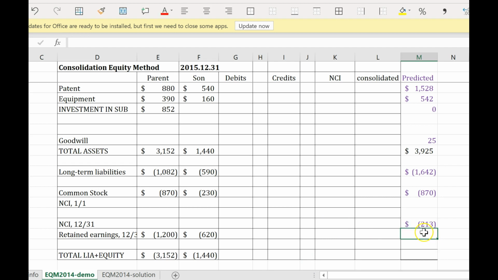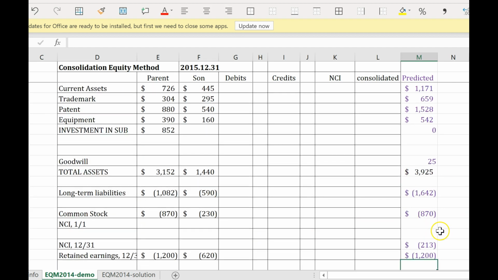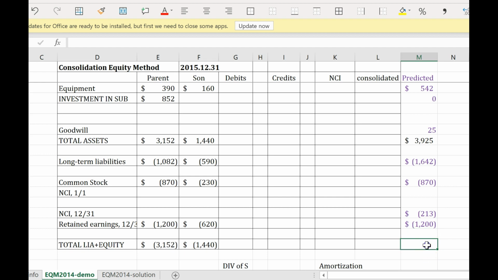It's on the credit side because it's an equity account. Retained earnings, only the parent's, from here, the ending balance. Total liabilities plus stockholders' equity would be all these numbers added up. So now I can see my total liabilities plus stockholders' equity equals my total assets, so I'm fine.